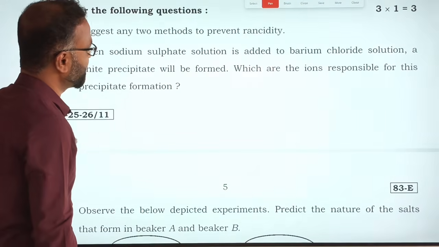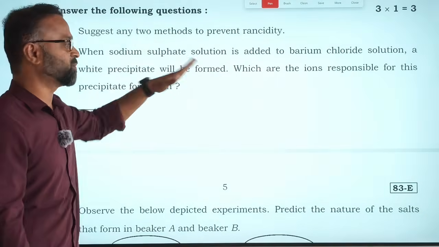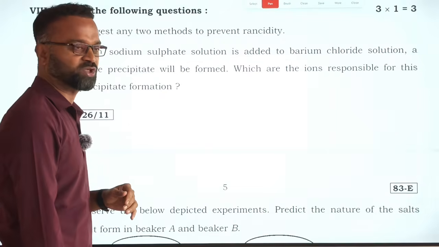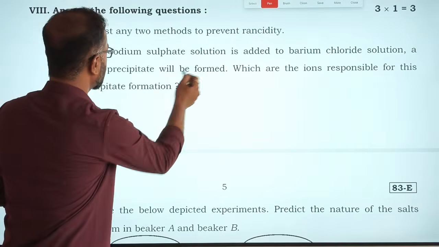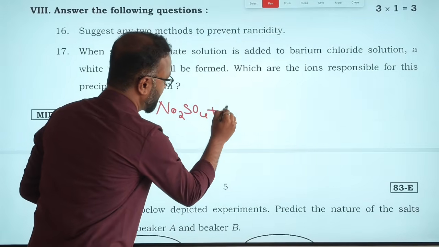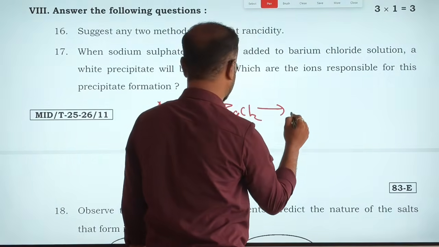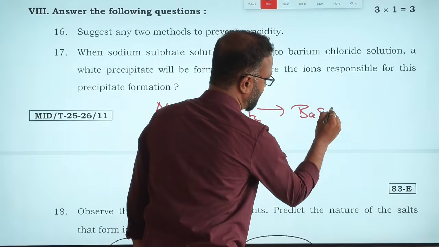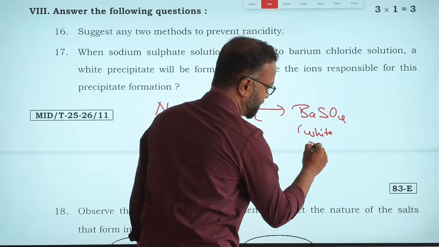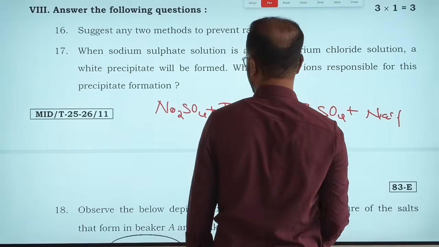Now next one, see here. When sodium sulfate is added to the barium chloride solution, a white precipitate will be formed. Which are the ions responsible for this precipitate formation? Sodium sulfate, Na2SO4, reacting with barium chloride will give a white precipitate of barium sulfate, BaSO4, the white PPT, plus sodium chloride.